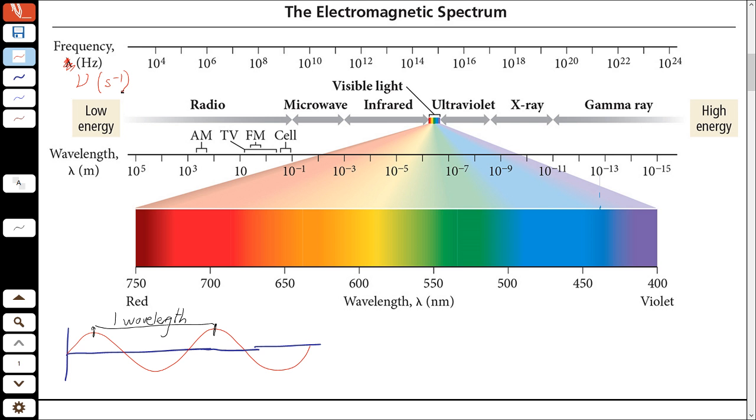Even on the low energy side, you're talking about thousands of cycles per second. So the light's moving fairly fast. Now, does that mean that the higher the frequency, the faster the light goes? No, because light always moves at the speed of light. It's constant, right? So it's how many periods, or how many cycles per second.